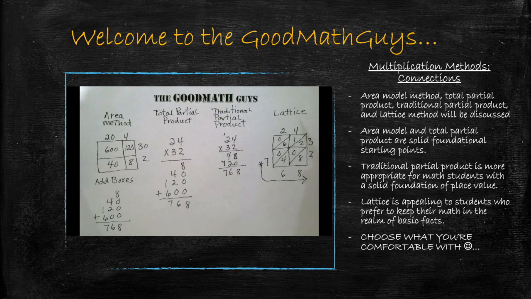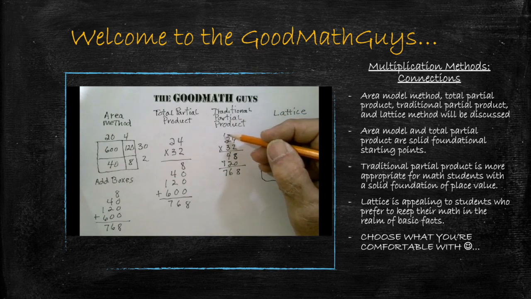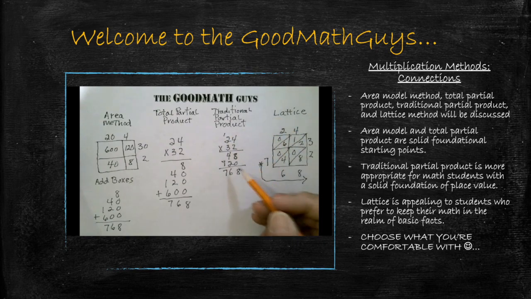Some kids don't have good experiences with this trade-off, because all of a sudden we're into having to regroup, and it's important that students know the mathematical reason for why that zero appears there.